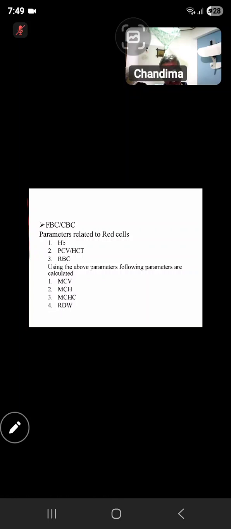If the MCV lies between 82 to 102 femtoliters, we say the patient has normal size cells or normocytes. If it goes beyond 102, in some conditions such as megaloblastic anemia, it goes over 110 femtoliters. It means the cells are somewhat bigger than normal cells. At that time we say the patient has macrocytes or big cells.